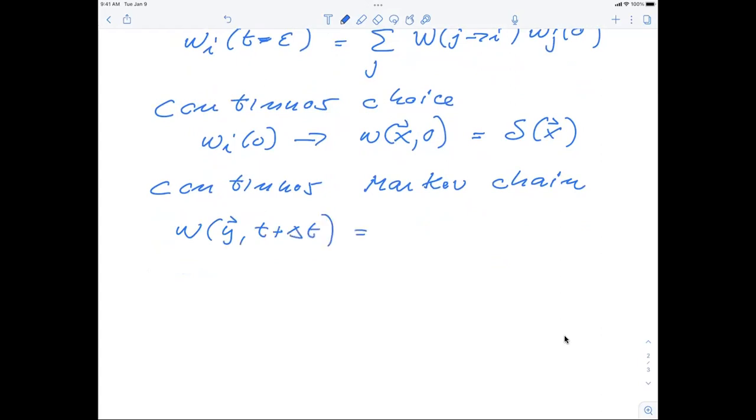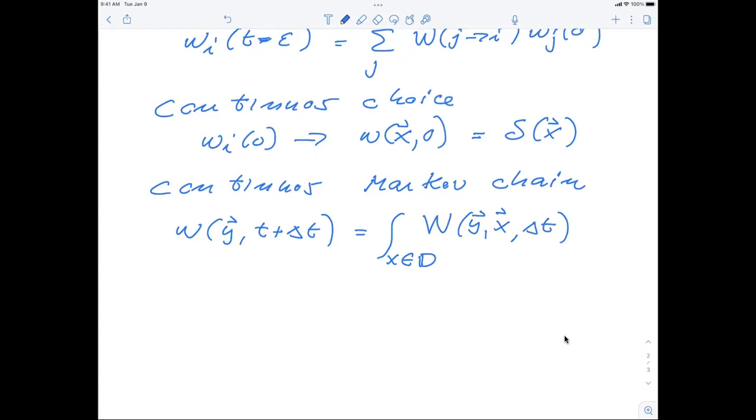And this contains now an integral over all the positions in a domain which we are looking at. And there is a transition probability which will depend on the final state, the initial state, and we keep these as vectors. And there is a time step, delta t, and normally this transition probability is assumed to be time independent.